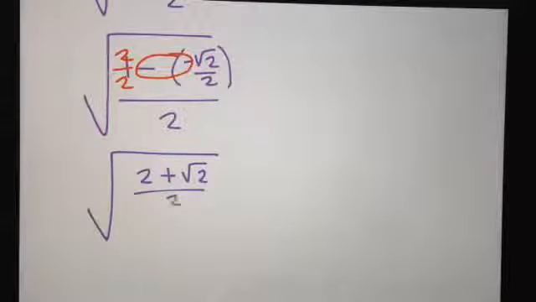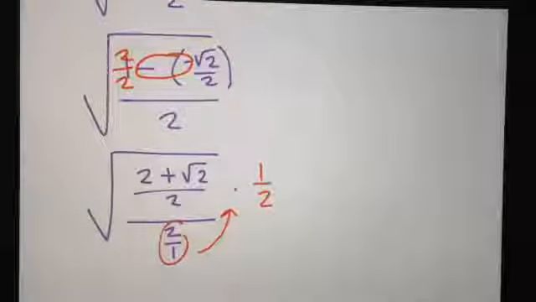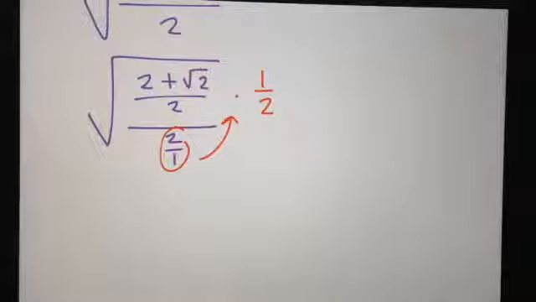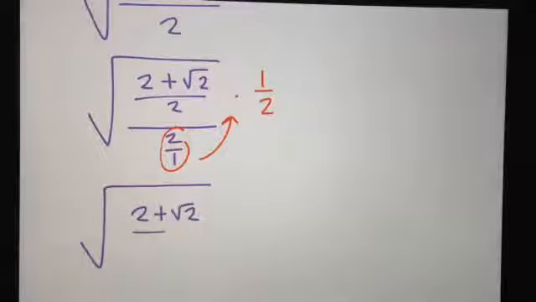All of that is divided by that common denominator of 2. And then on the bottom of this, I have a 2 over 1. So I'm going to take this fraction and flip it so that it's multiplying by 1 over 2. And so what I have now is 2 plus square root 2 over 4.